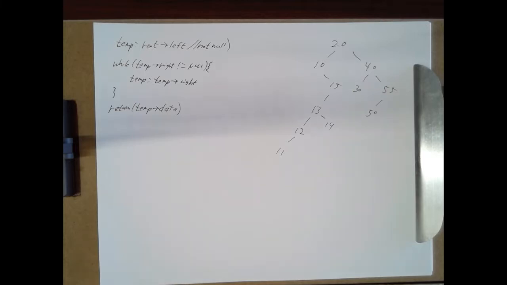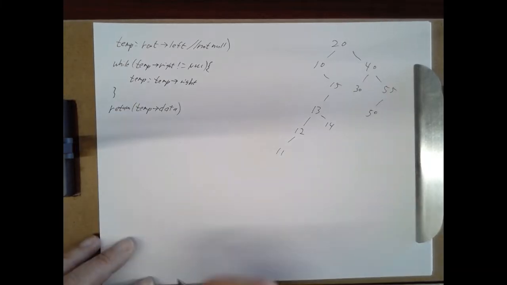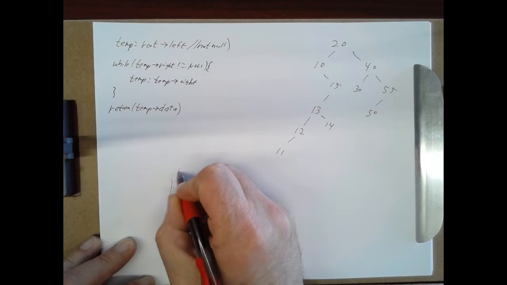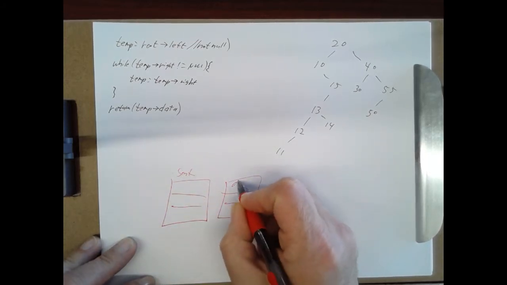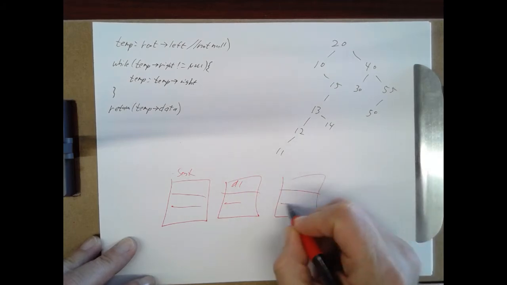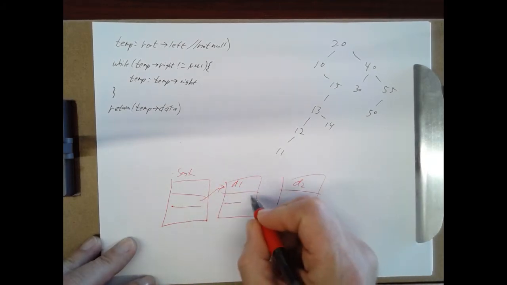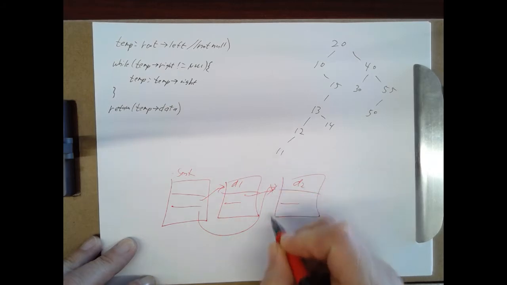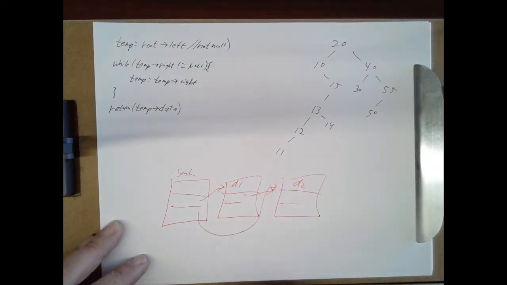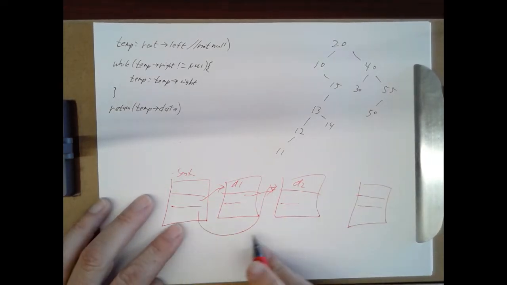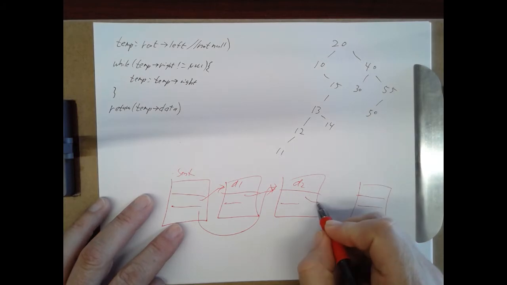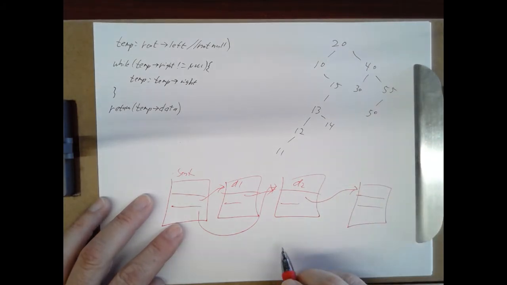Remember, our queue setup: here was our sentinel, here was our first data, here was our second data, and so on. Our sentinel had a tail pointer pointing to the last node. In general, when you want to add something to the queue, you create a new node, find the last node by following the tail pointer, set that last node's next to point to your new node, and then change the tail pointer to point to your new node.